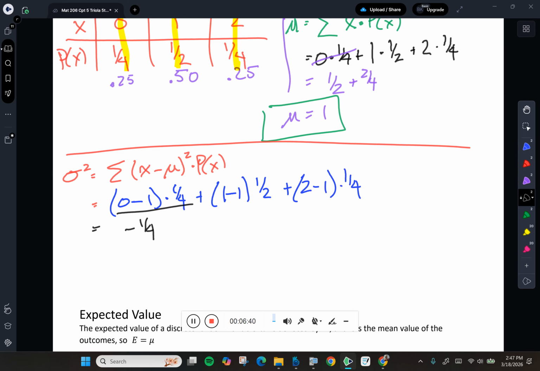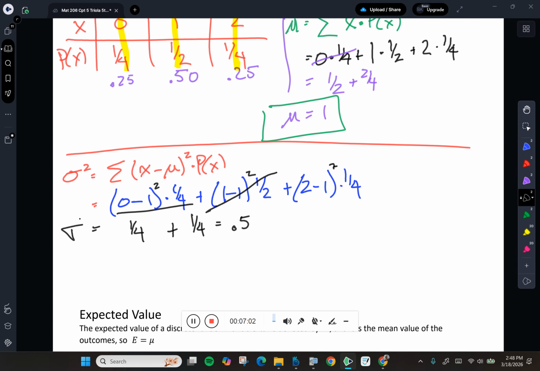Oops, I forgot something. Oh, I forgot my squareds. Whoops-a-daisy. Okay. So negative 1 squared is positive 1, so I get positive 1/4 plus, well, that's going to be a 0 because 1 minus 1 is 0. And then down there, I got another 1/4, which gives me 0.5, 1/2.